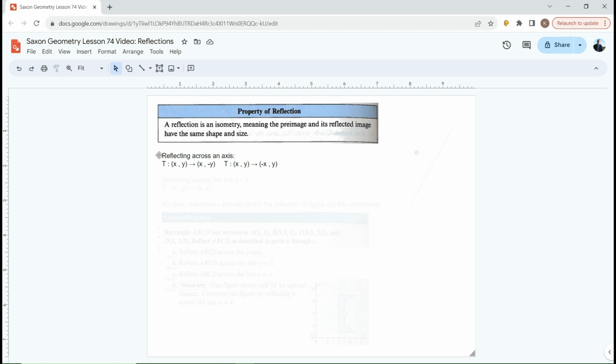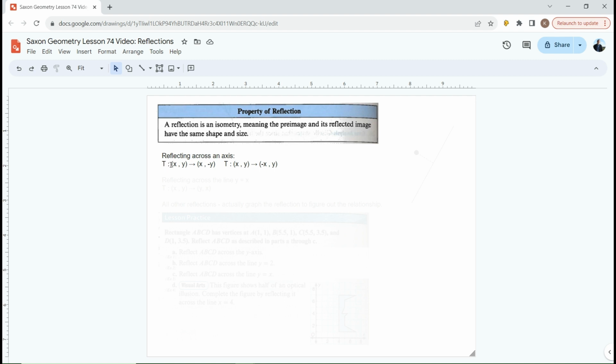Now let's take a look. If I'm reflecting a point or a figure across an axis, we're going to do this point by point. So we're going to consider that I'm translating the point x, y. By the way, this notation is very important, so make sure you take a look at it. Notice we start with a capital T for translation.